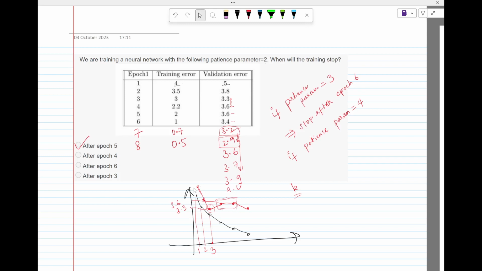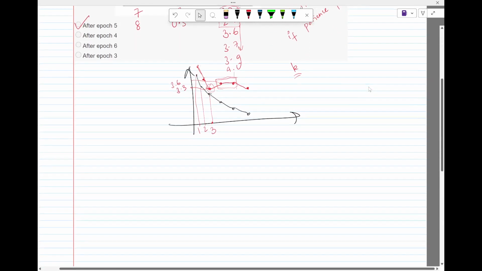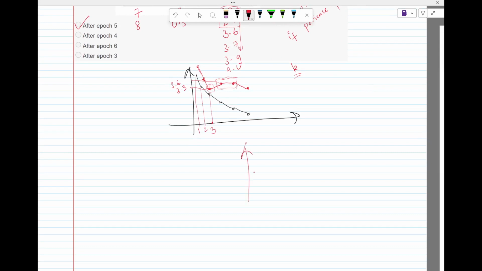So this is one of the parameters for early stopping. One way to implement your early stopping. Because in practical cases, your losses will not be like a smooth curve.